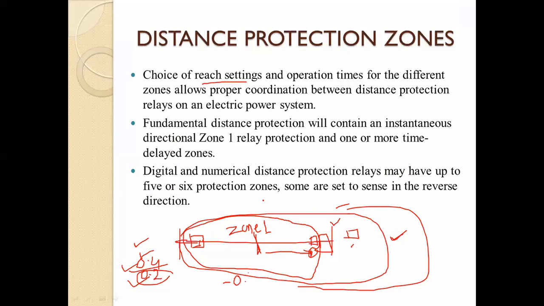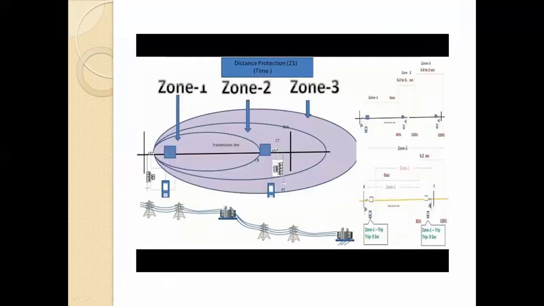When we consider electromechanical relays, we can have 3 zones, but with digital and numerical relays there are 5 to 6 protection zones. So these are your distance protection zones. Now we'll see them one by one.